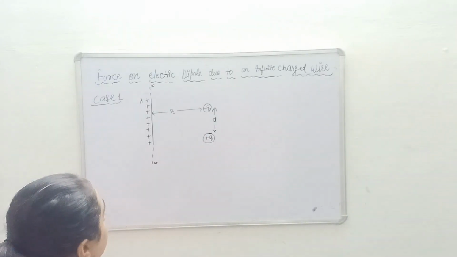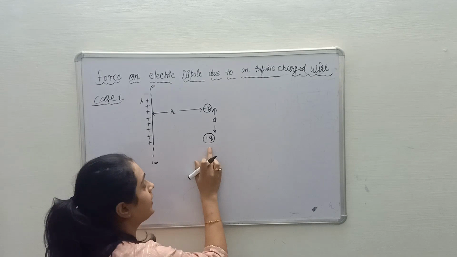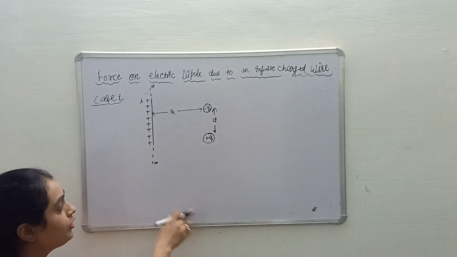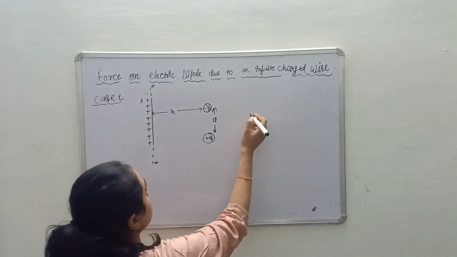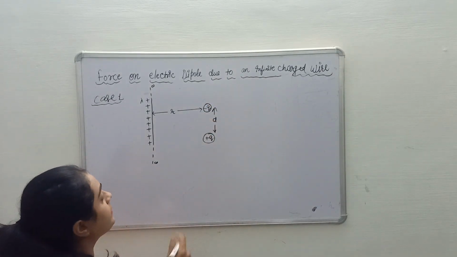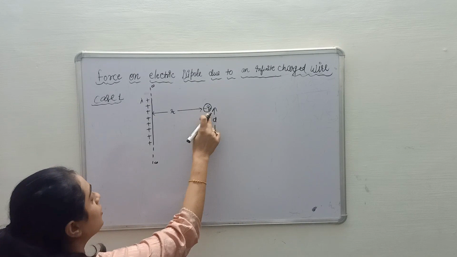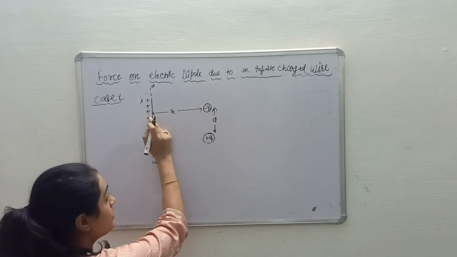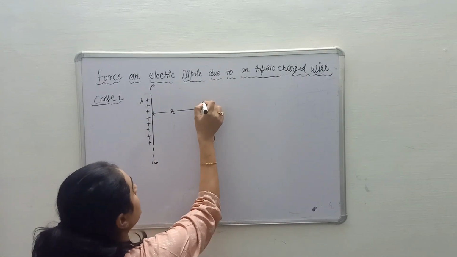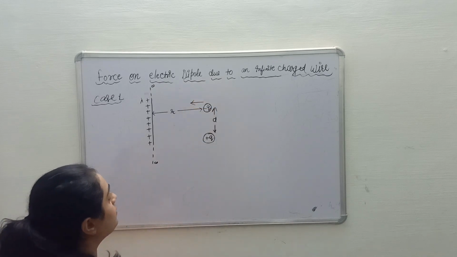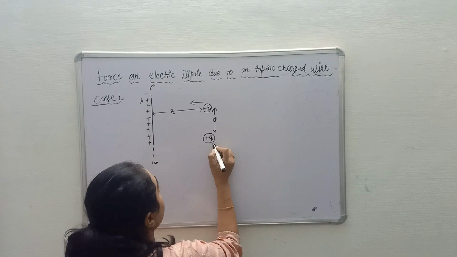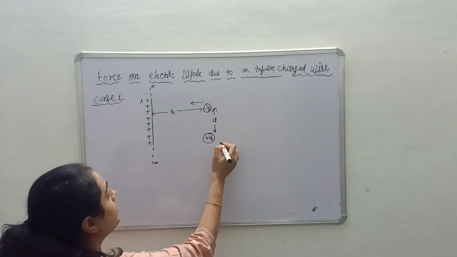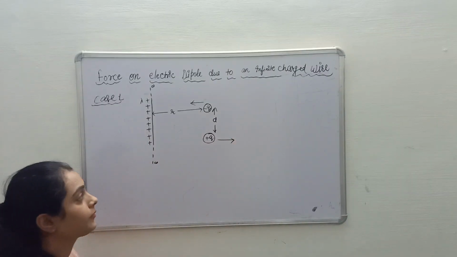In this case, there will be no force acting on this dipole due to this line charge. Why? Because the force acting on the negative charge due to this positively charged wire will be in this direction due to attraction, and on the positive charge the force will be in this direction.